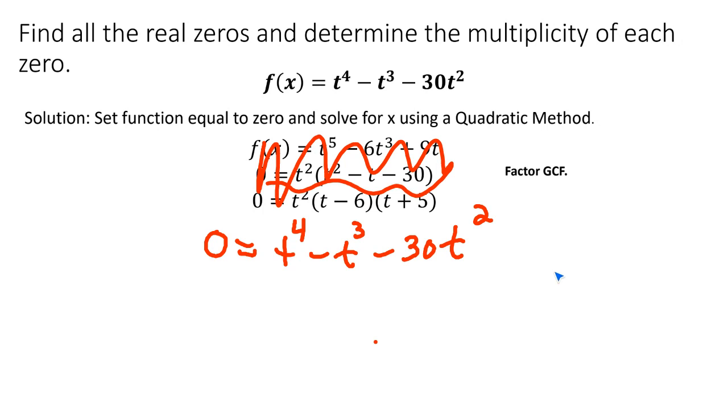And all of these have at least a t squared in common, so we can factor out a t squared from the parentheses. So if I take a t squared from the t to the fourth, I'm left with a t squared. And if I take a t squared from negative t cubed, I'm going to be left with a negative t.